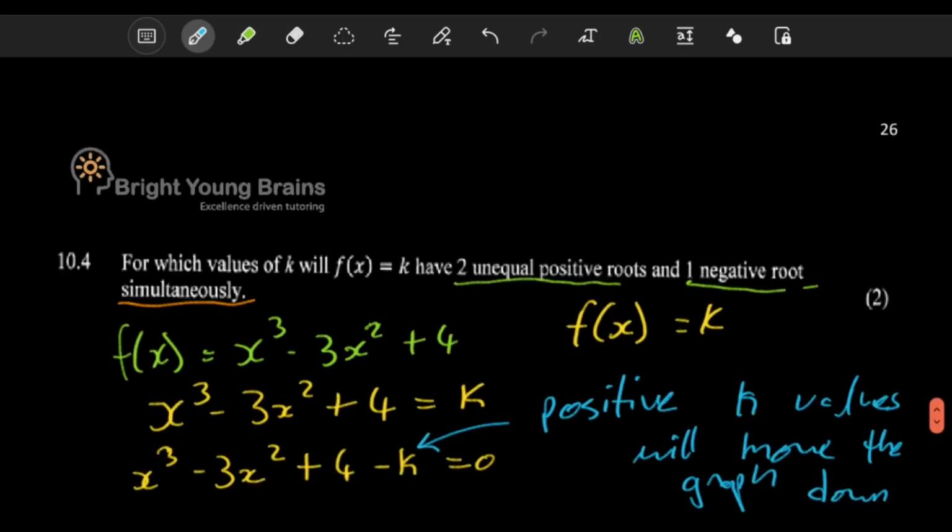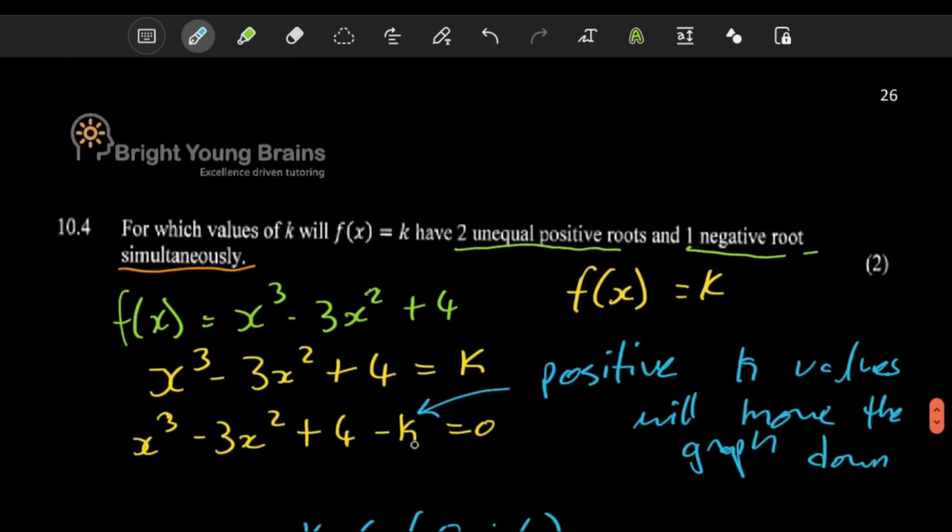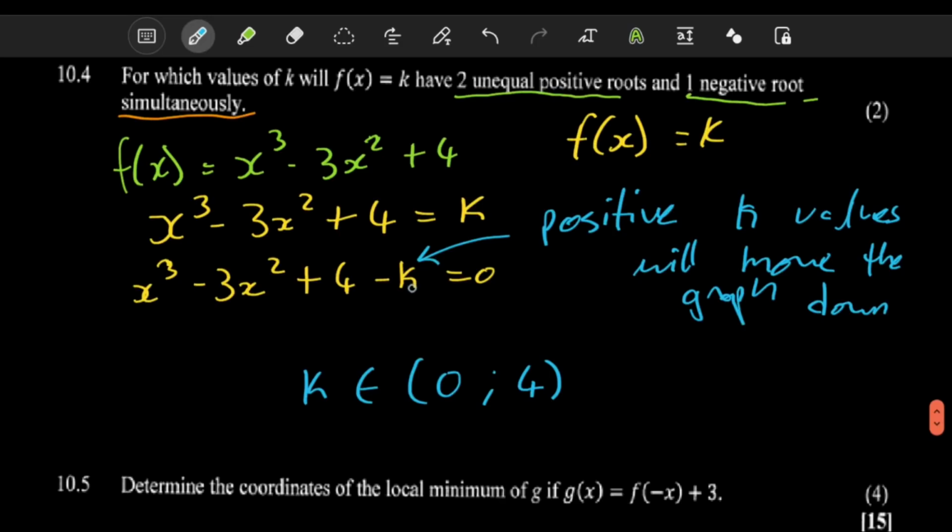The reason I'm saying that is because if you put a k value of 0 here, your graph would not have been moved anyway. But the moment you put any number bigger than 0 and smaller than 4, you're going to be moving your graph downwards, which is the scenario that we want.